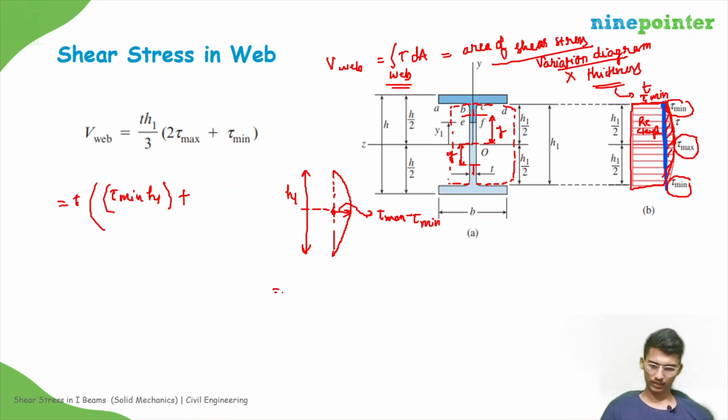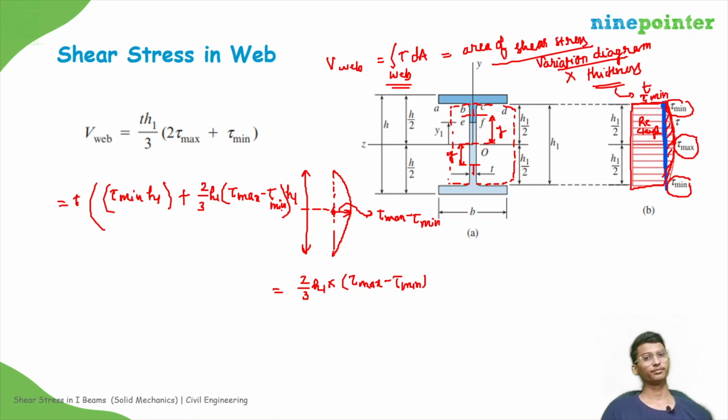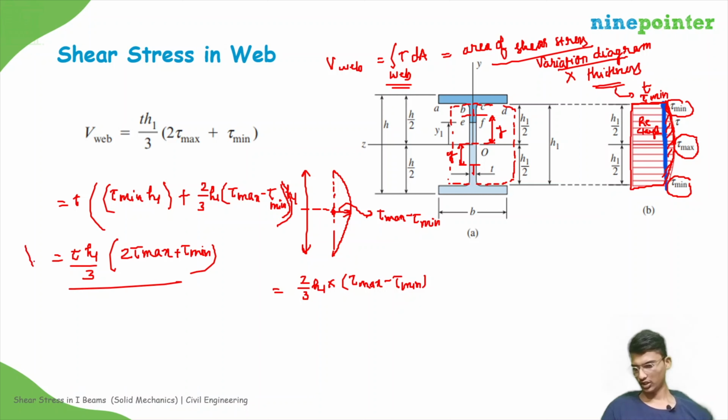We know that the area will be given by 2 by 3 into h1 into this length, that is tau max minus tau minimum. So let us write that: 2 by 3 h1 into tau max minus tau minimum. So this will give us T h1 divided by 3 into 2 tau max plus tau minimum. So this will be the shear force resisted by the web.